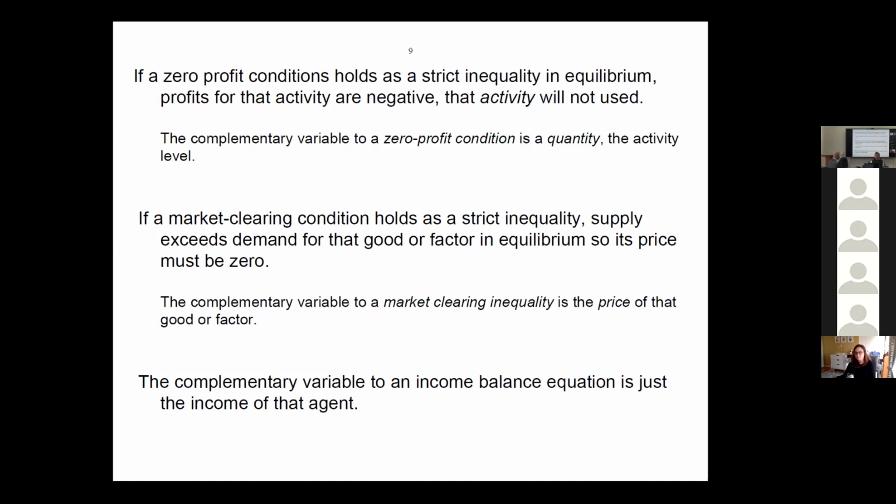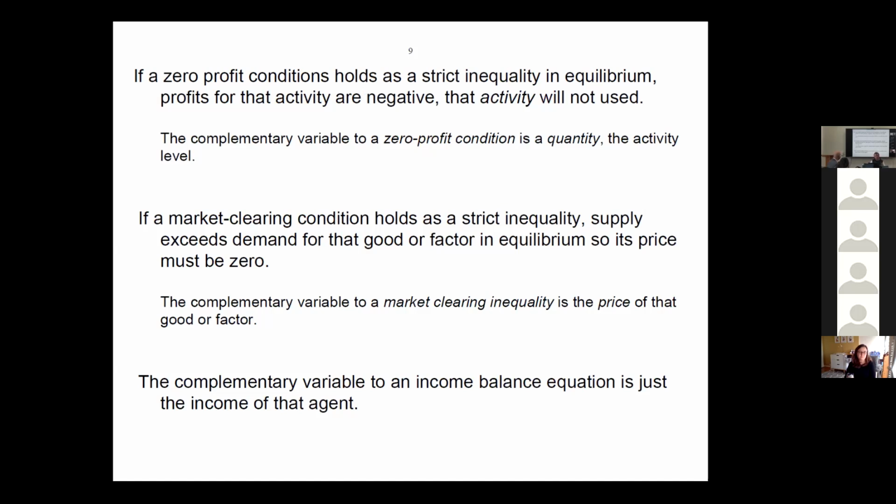If the zero profit condition holds as a strict inequality, that means it's an unprofitable activity. So the complementary variable is the quantity. You're just not going to use that technology or that trade link. So the complementary variable to a zero profit condition is a quantity.